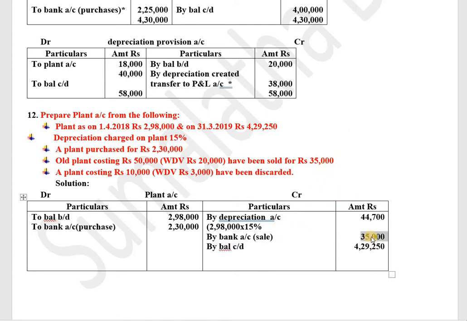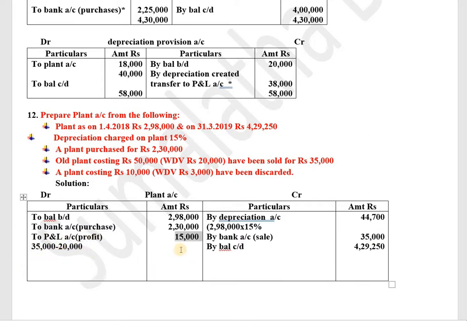With this sale transaction, we got 15,000 profit. To P&L account, profit 35,000 minus 20,000, 15,000 profit. Okay. Next, one more piece of information. Written down value of plant of 3,000 has been discarded. That means that is a loss for us. To P&L account, loss is 3,000. Getting my point? So all the information has been recorded.